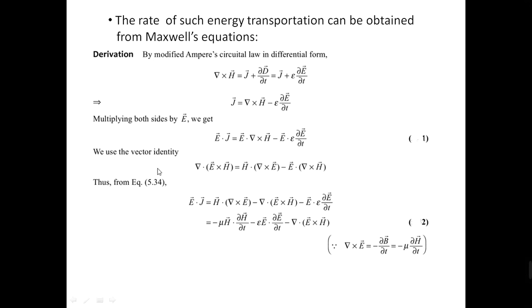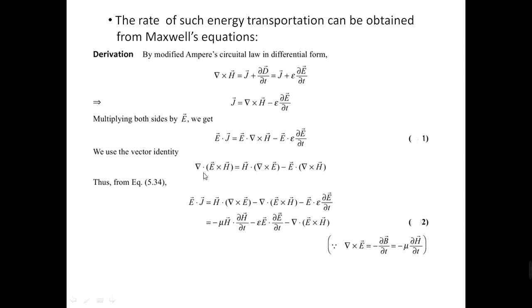Now according to a vector identity, the divergence of the cross product of two vectors can be written like this. Using that vector identity, the divergence of E cross H can be written as H dot curl of a vector minus E bar dot curl of a vector.